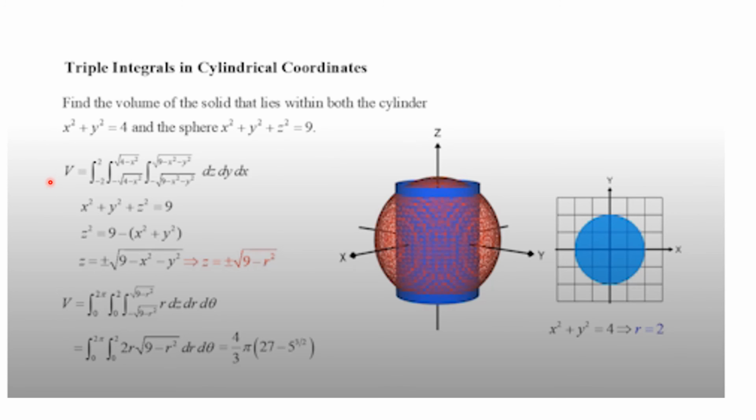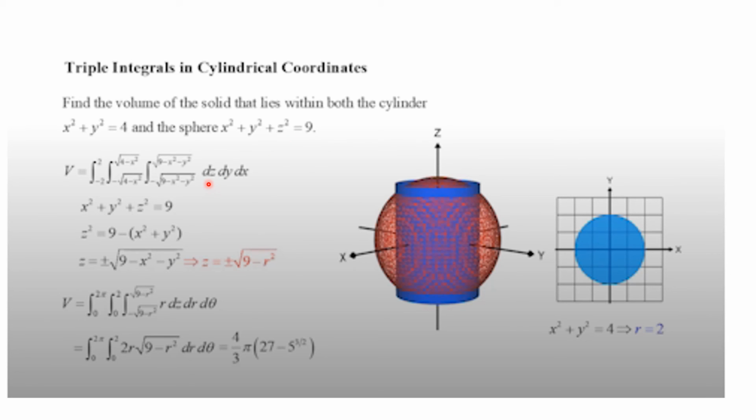Okay, so this is the picture that you should have drawn. And the projection of the inside of the cylinder onto the xy plane is shown here. So for the volume integral, we just solve for z.